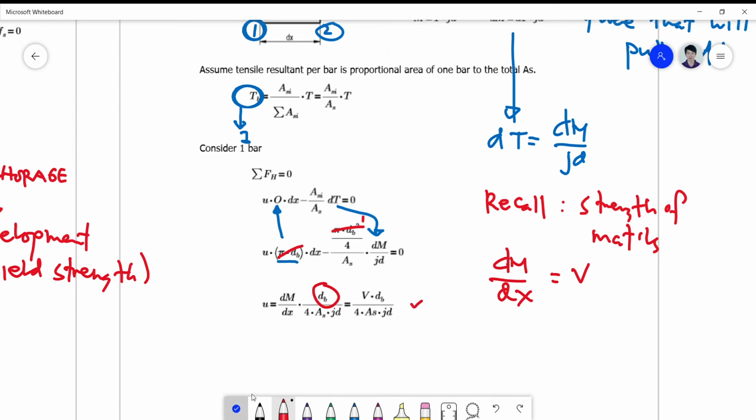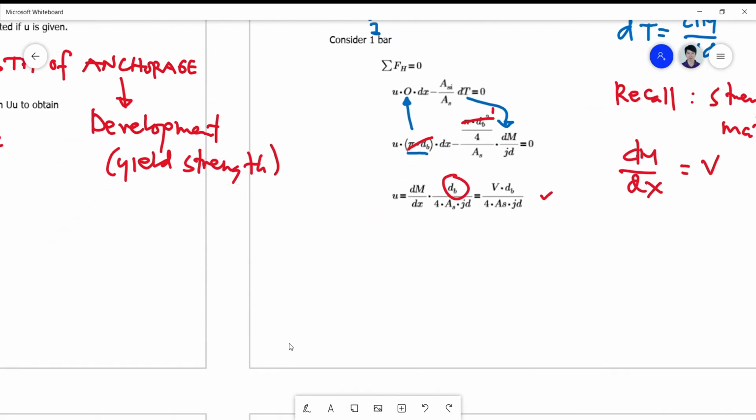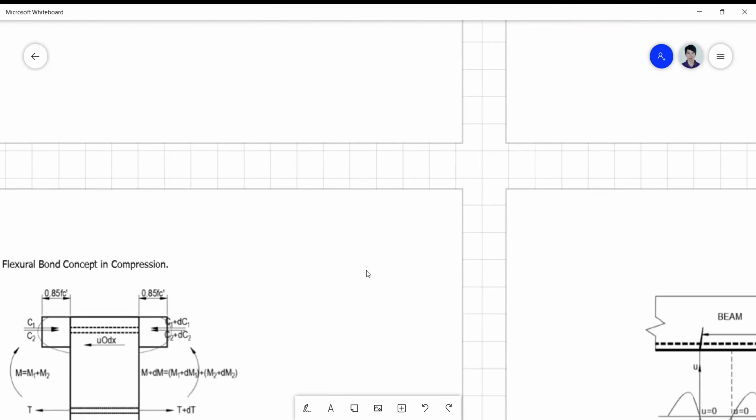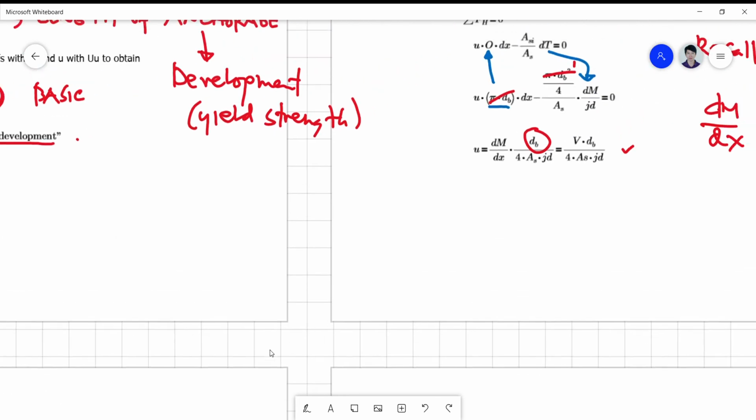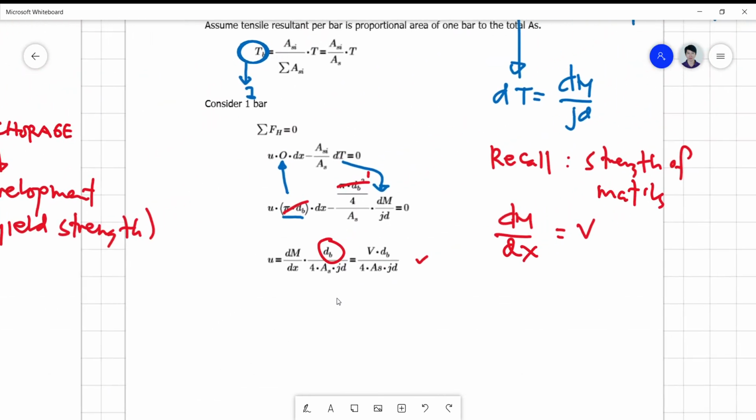We can actually drop the jd there and create a much simpler formula, since jd is sometimes assumed to be equivalent to d. Anyway, this is not yet the final formula. We'll check on that later.